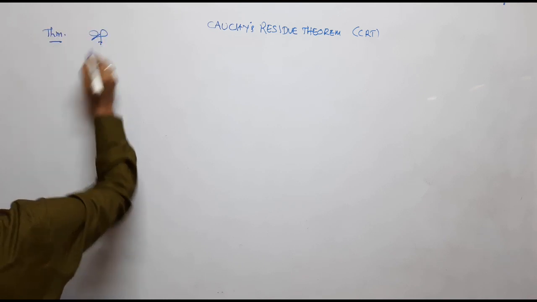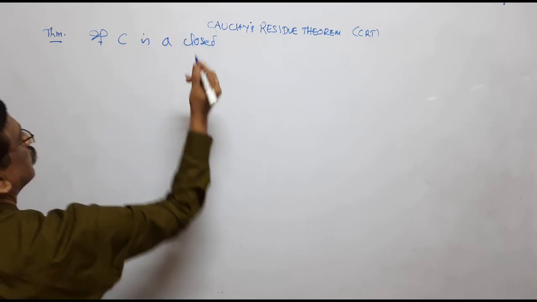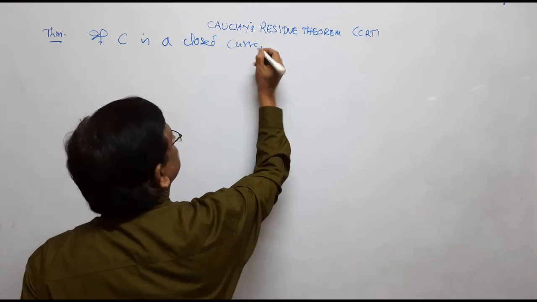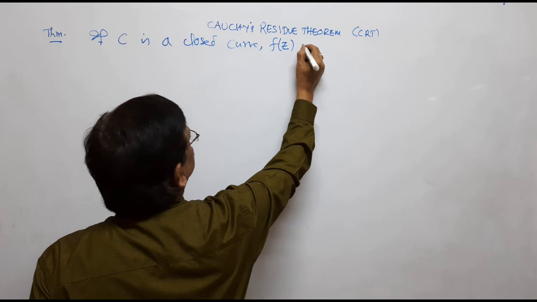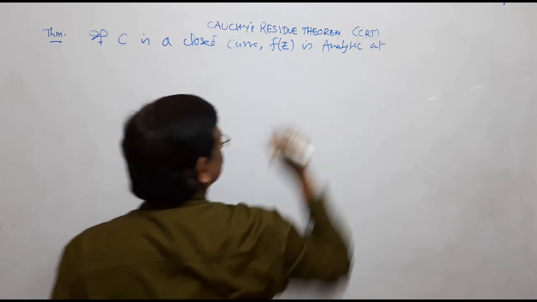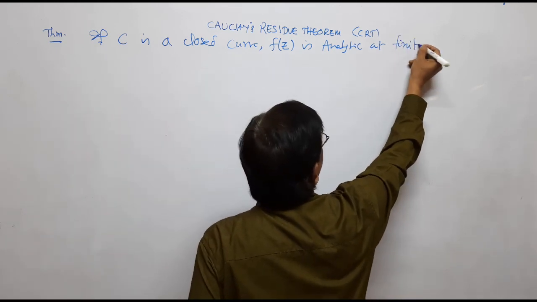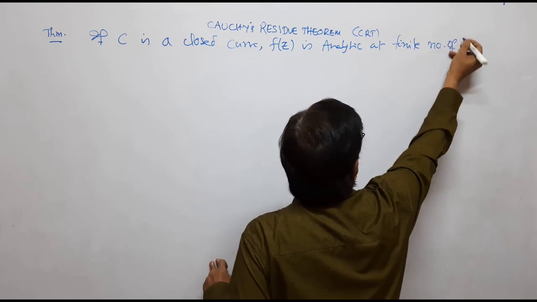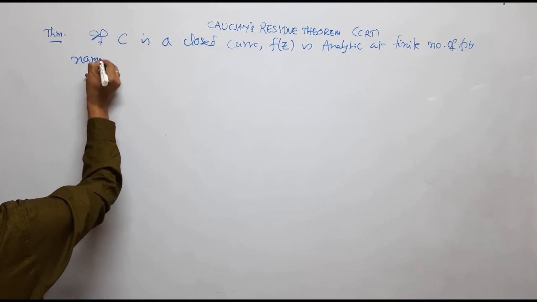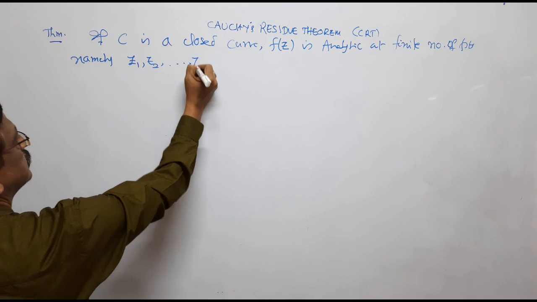If C is a closed curve and f(z) is analytic, it should be analytic except at a finite number of points, namely z1, z2, and so on, zn.